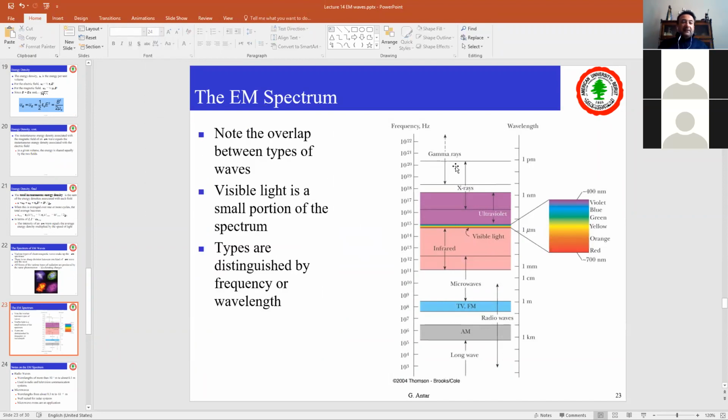The electromagnetic waves go from gamma rays to X-rays to UV, visible of course, infrared, microwave, FM, AM, and low frequency. All these electromagnetic waves obey the same equations, the Maxwell equations.